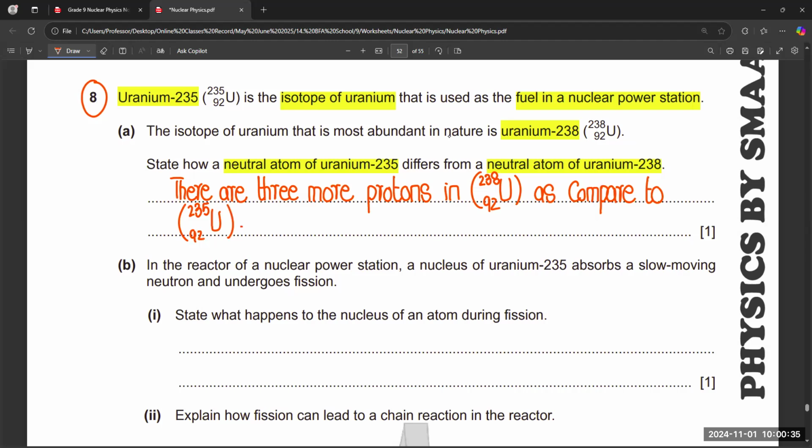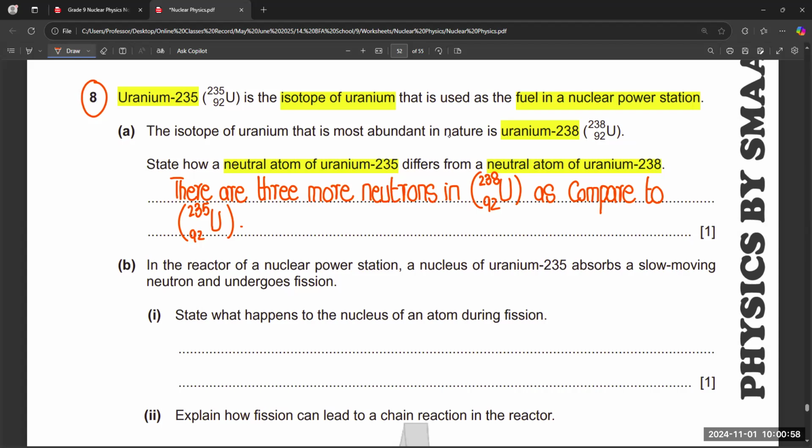Sir, instead of protons, won't we write neutrons? Because the difference is in isotopes. Yes, sorry, it is neutrons. Because we have the same number of protons in isotopes. Yes, sorry. We need to write neutrons.